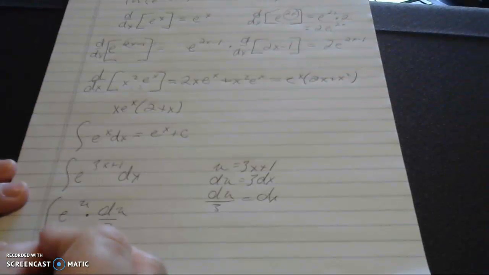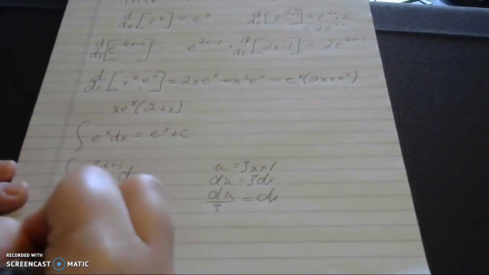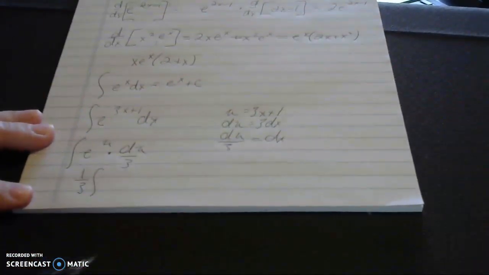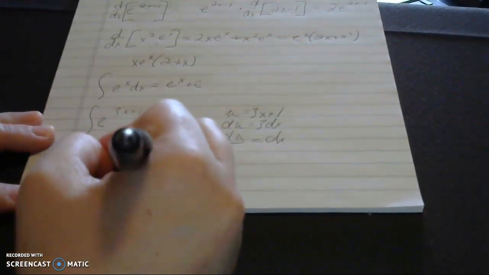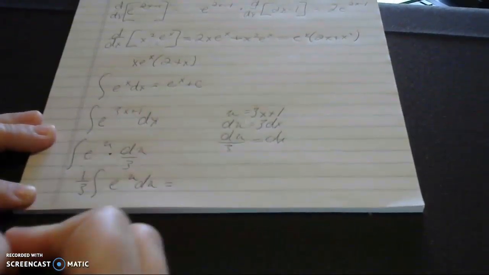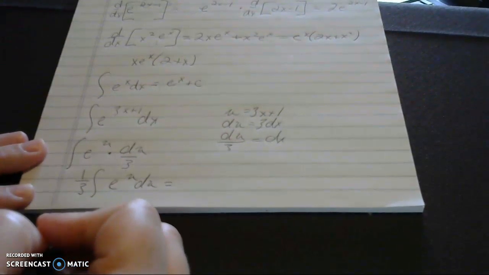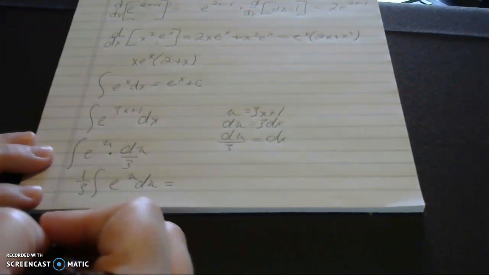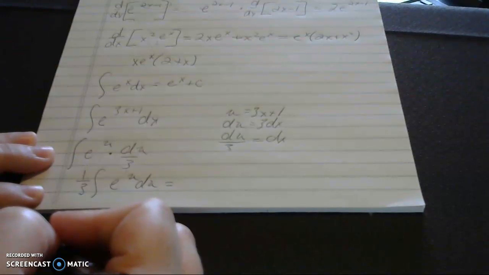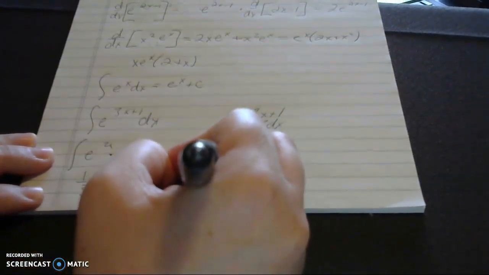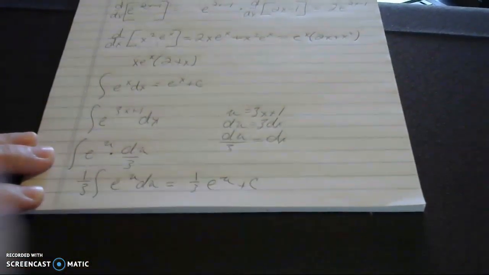Now I've got this constant I can pull out. So 1/3 the integral of e to the u du. That's easy. I can do that one. That's going to be 1/3 e to the u plus c.